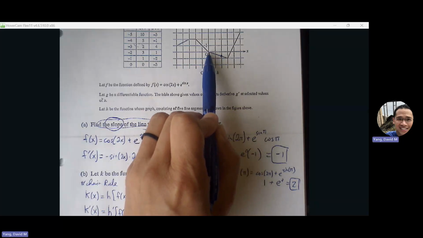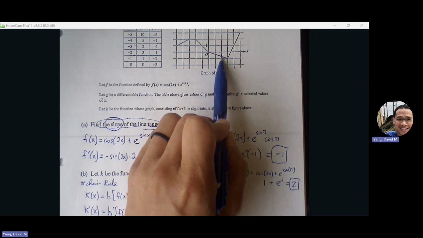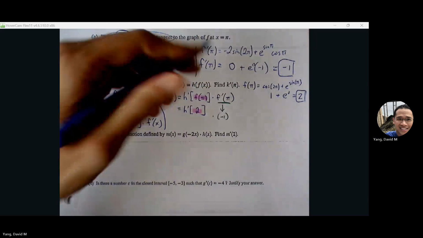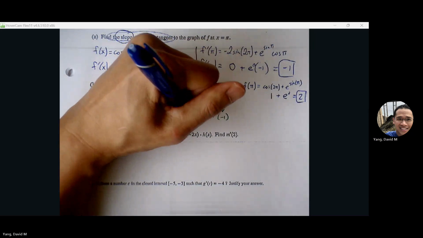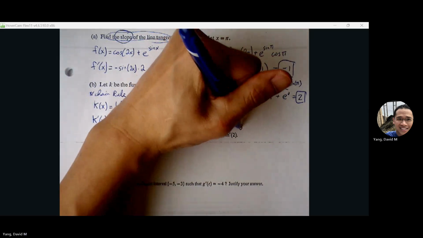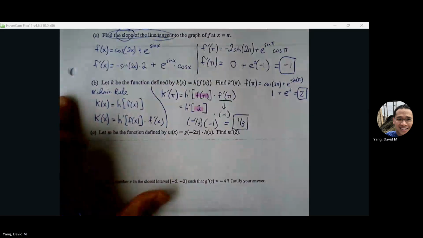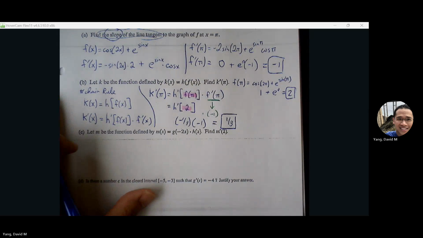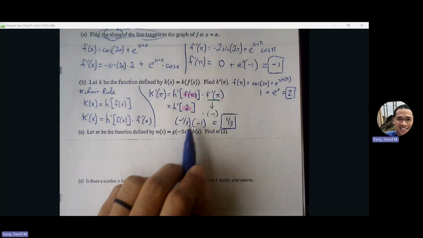It's a negative slope because from left to right, the graph is falling. So down 1/3, negative 1/3. And what's our overall answer going to be? K prime of pi equals 1/3. Negative times negative, positive.